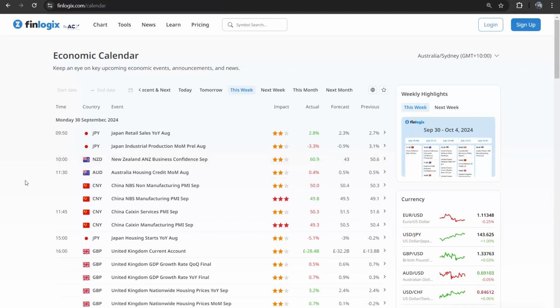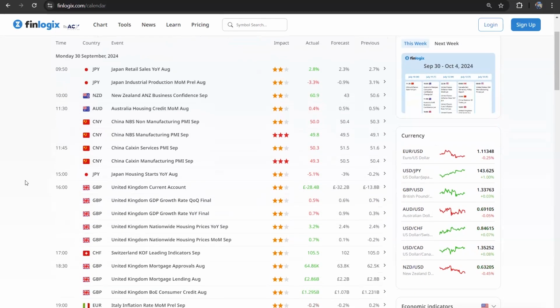All right. Now, moving on, we did add as well China manufacturing PMI for the month of September and the Caixin services PMI as well. All right. So for the manufacturing PMI for the month of September, we did have an increase from 49.1 to 49.8, so 0.7% higher right here.